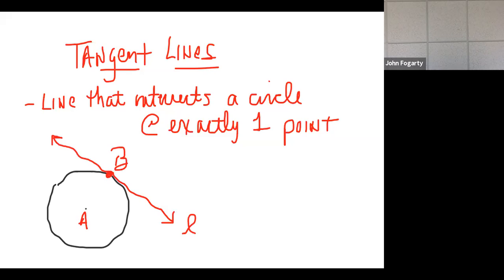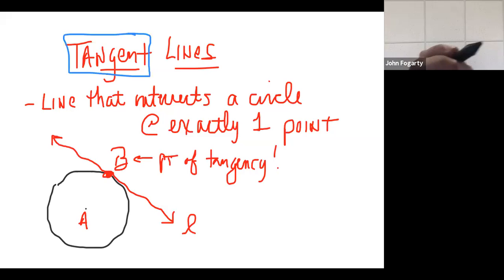So the first thing we've got to realize, right? This point B is called the point of tangency. So a line is a tangent if it intersects a circle at exactly one point.